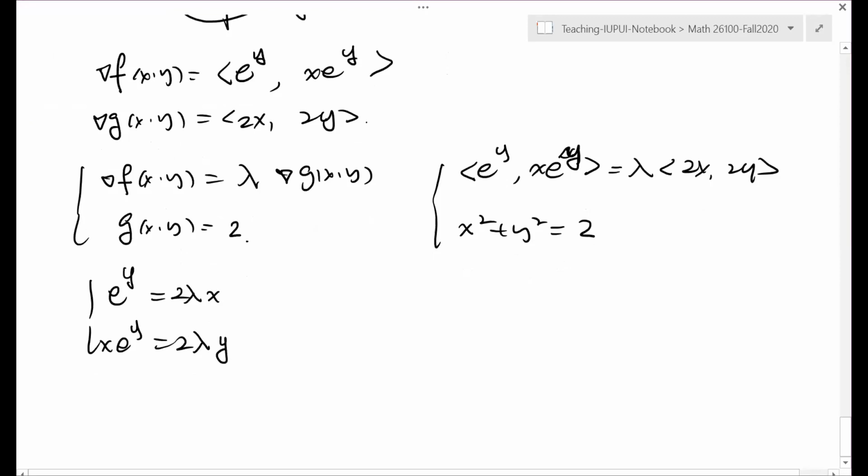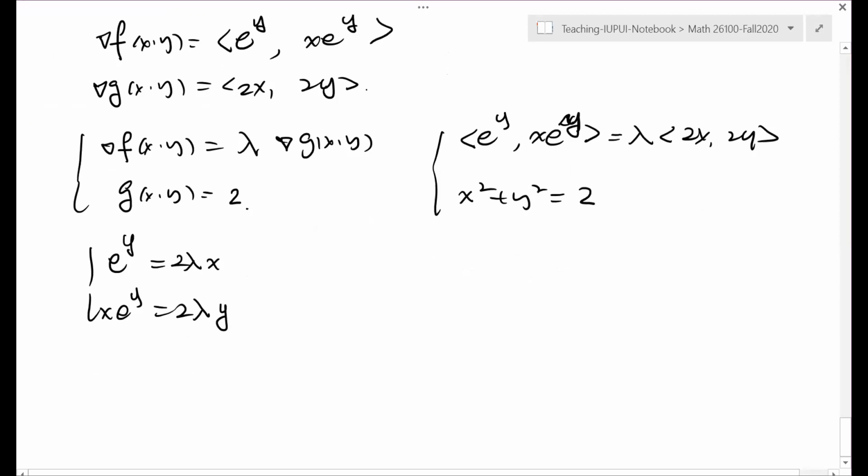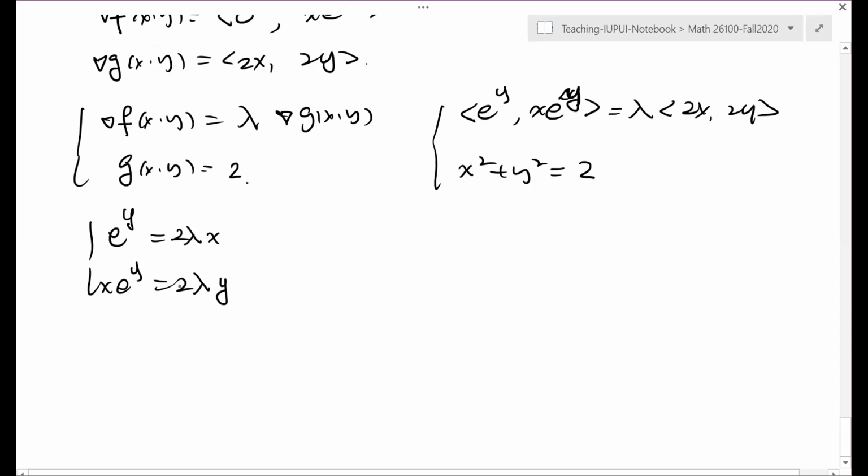So can we solve for x and y here? Let's see, we have trouble with the y variable.